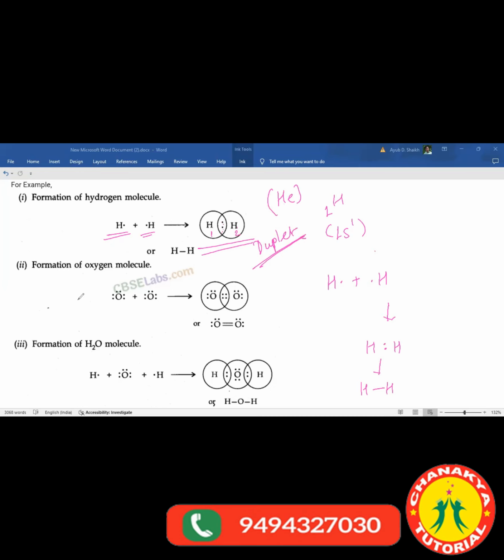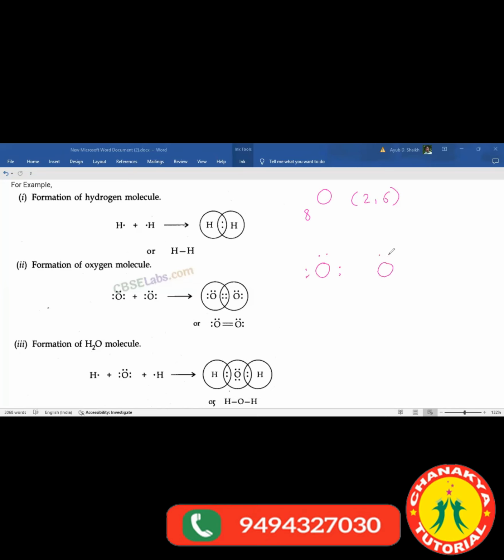Now next, formation of oxygen molecule, right? What happened in this case? See, oxygen's atomic number is 8, electronic configuration would be 2, 6, correct? So one oxygen has how many? 1, 2, 3, 4, 5, 6 electrons.